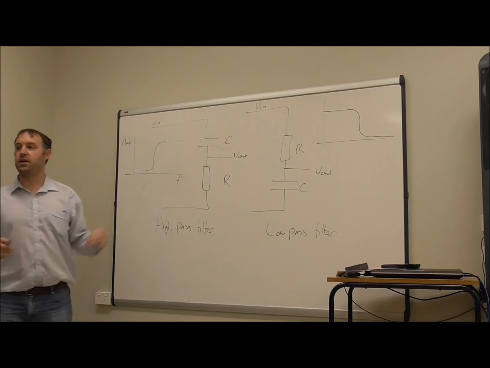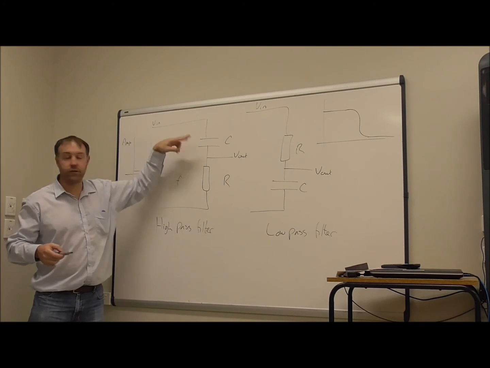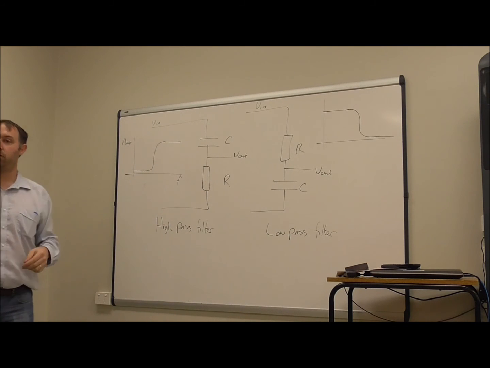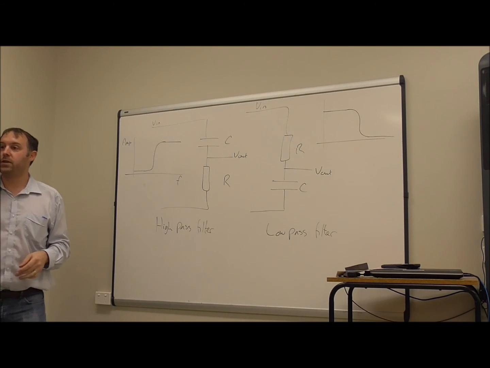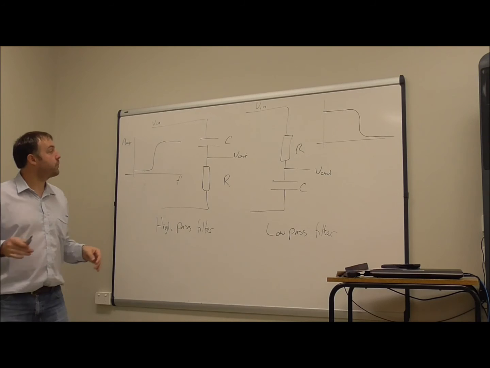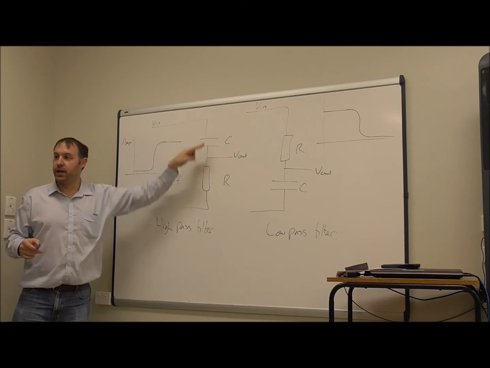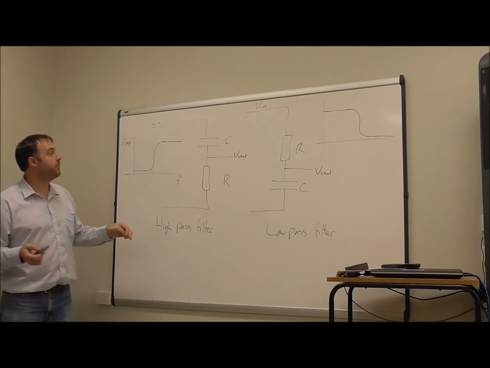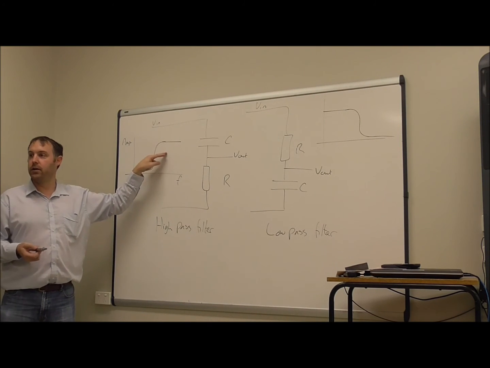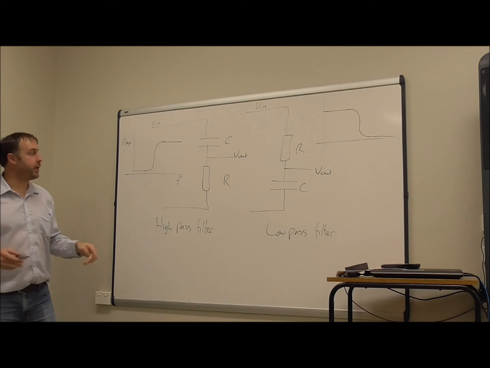The frequency of the signal, or the voltage across it, is what's going to determine the reactance of it. And for a capacitor, high frequencies have a low reactance. And if we make a voltage divider using one of these components, we get a filter. And the filter has a different response to different frequencies.